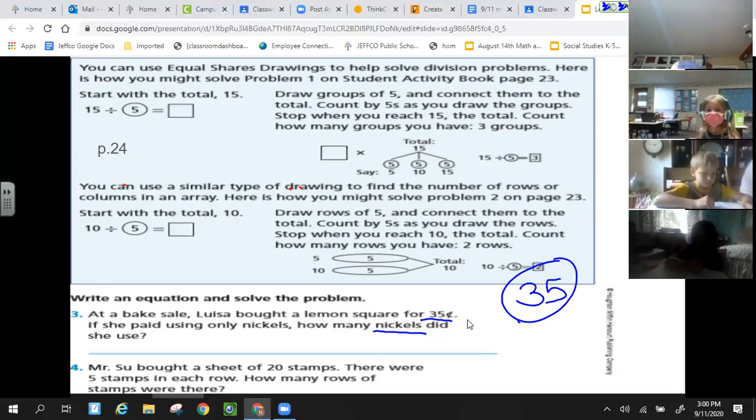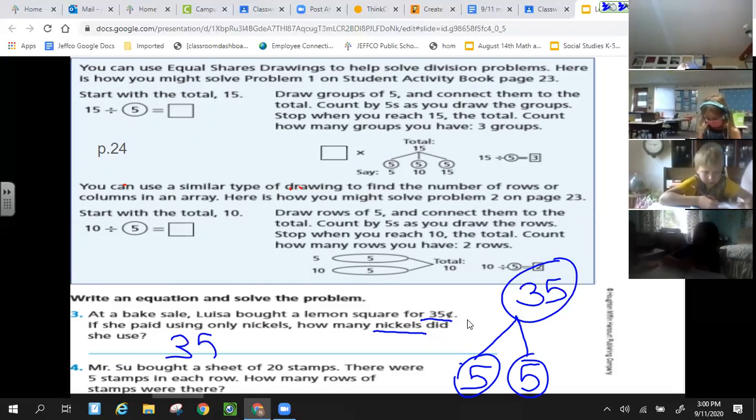You're counting by 5s until you get to 35. Here's your first one, 5. 10. You finish. And then finish this equation: 35 divided by 5 equals. Go for it. Kids at home, show me when you have the answer.